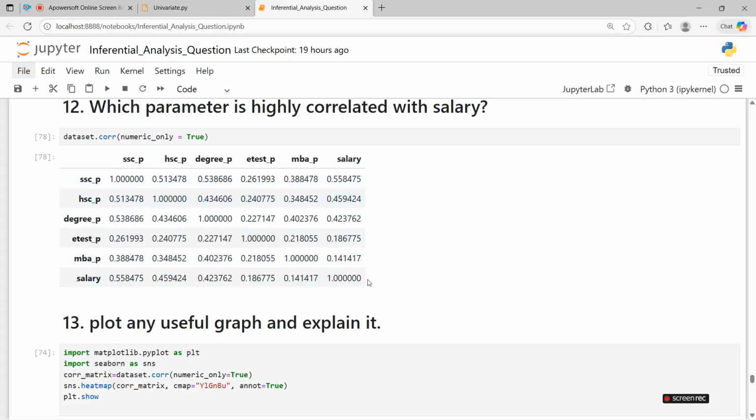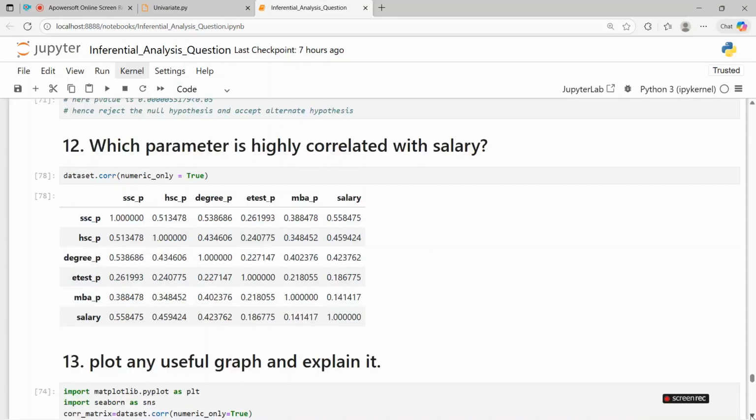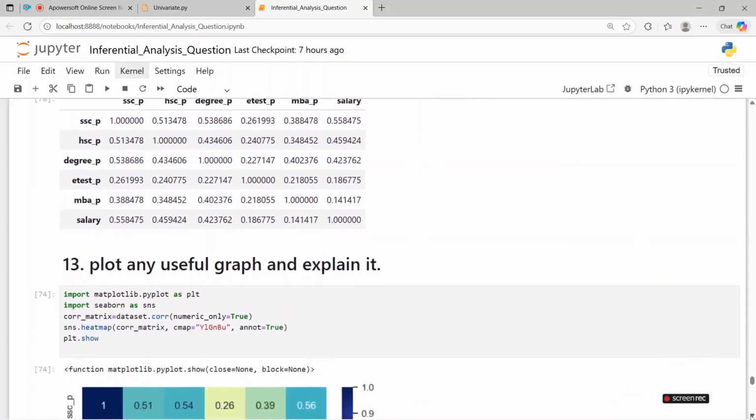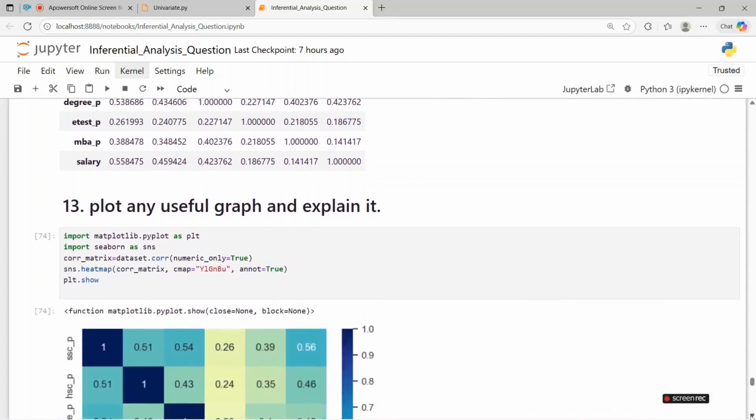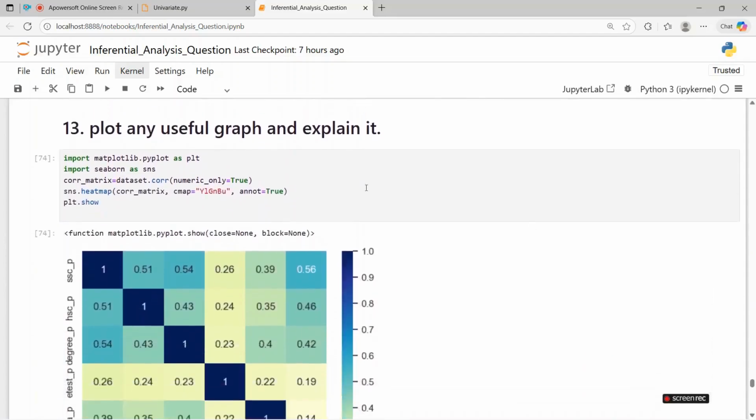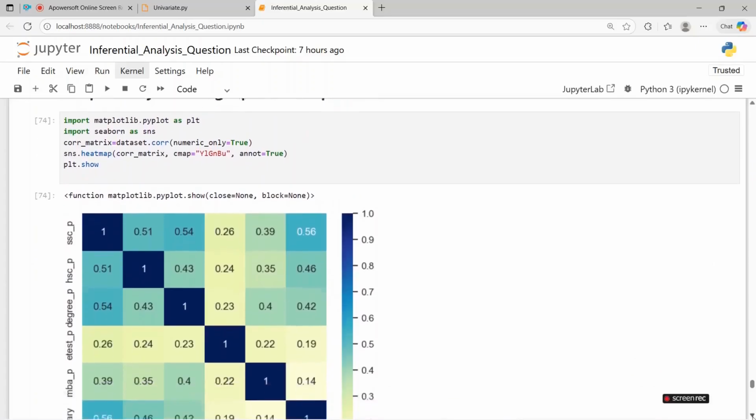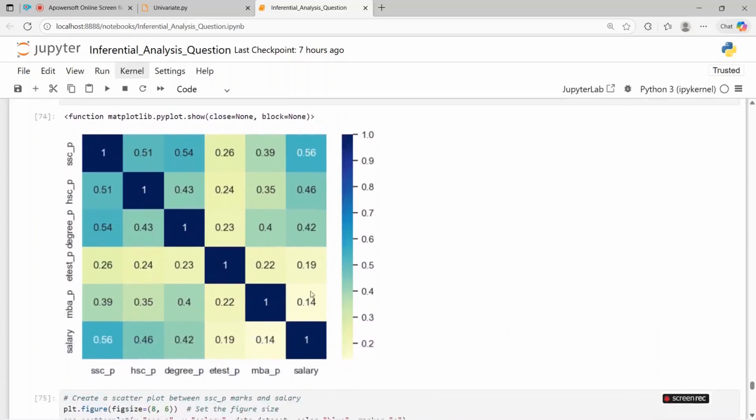We can see that comparatively the SSCP column is highly correlated with salary, that is 0.558. Now we are trying to plot a graph to explain it. First, we are having a heat map for all the columns in the data set. Here we can see that only the SSCP column for salary is having the highest correlation in the data set.